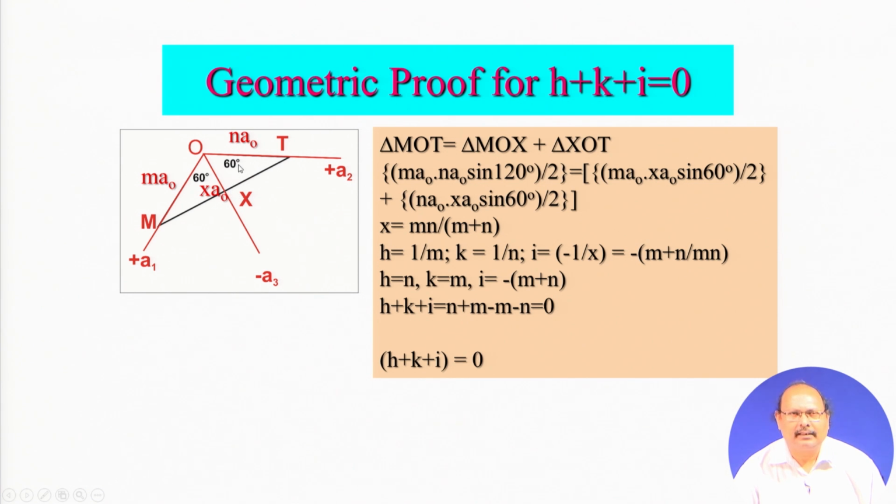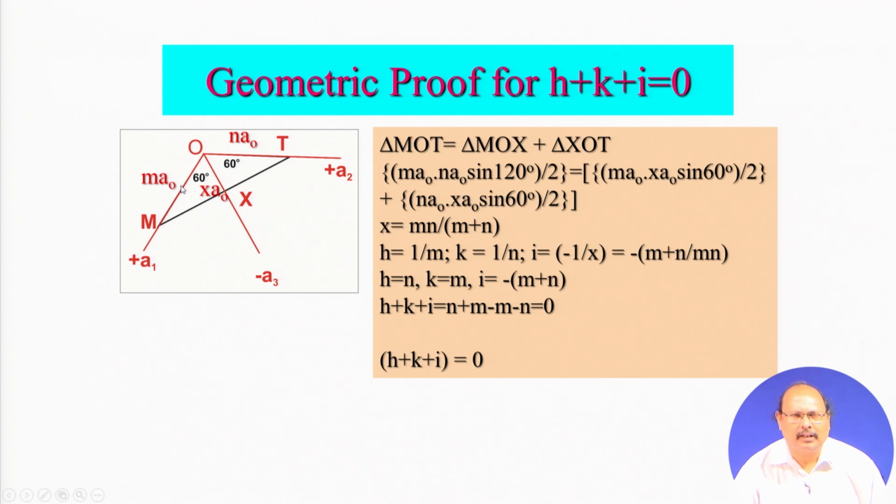We can determine the area of any triangle if you know the length of 2 sides and also the angle between these 2 sides. If you know that, it will be possible for us to determine the area. How? Using a formula. What is that? Half into the multiplication of lengths of the 2 sides and the sine of the angle between the 2.